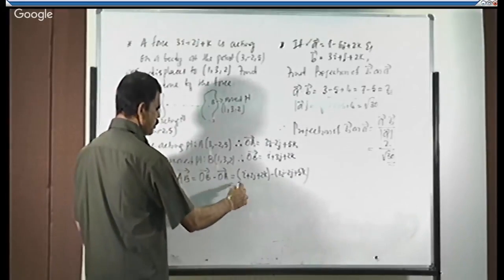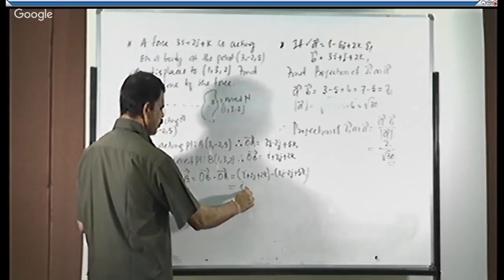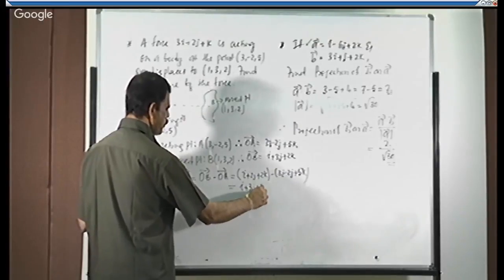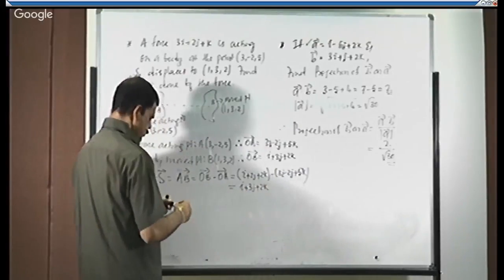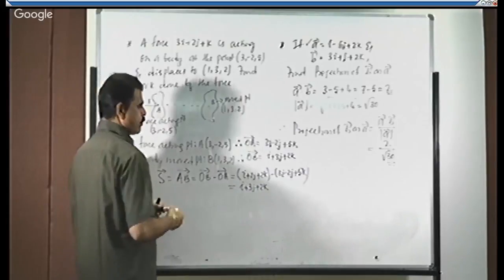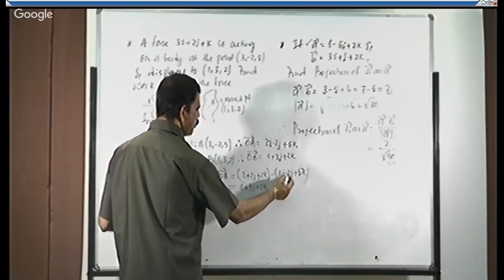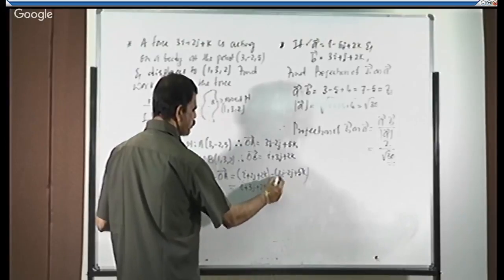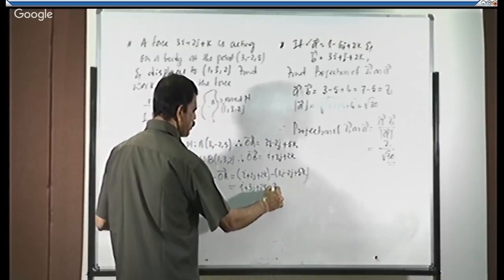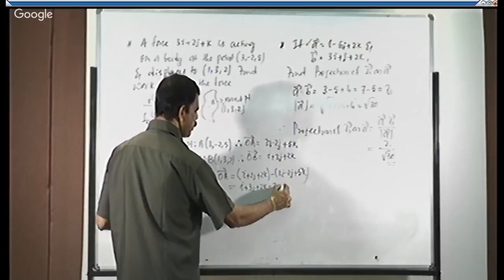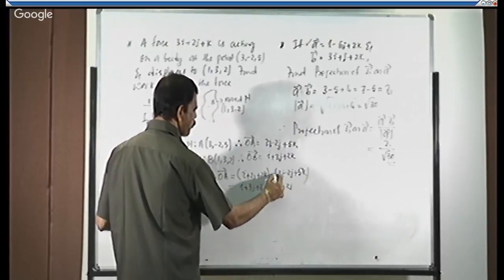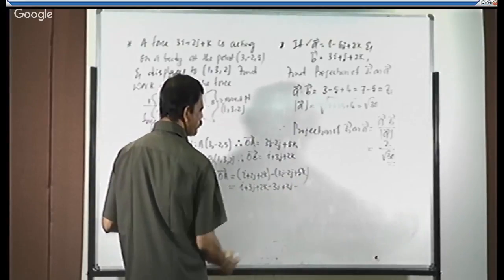Simplify it. Remove the bracket. i plus 3j plus 2k minus the next vector. That means we should multiply all the terms with minus: minus of 3i, minus into minus plus 2j, minus into plus minus 5k.